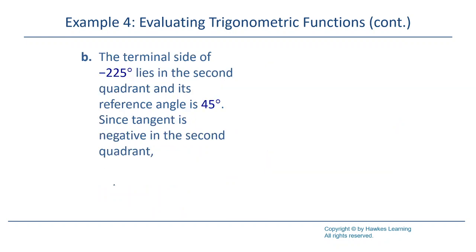So this one's going to be similar to part A. I'm not going to subtract 360 degrees from it, or add 360 degrees to it. That is another way to think about it, but I want to use the reference angle idea again.